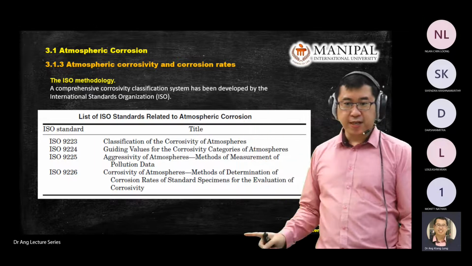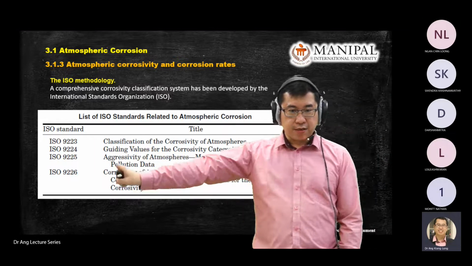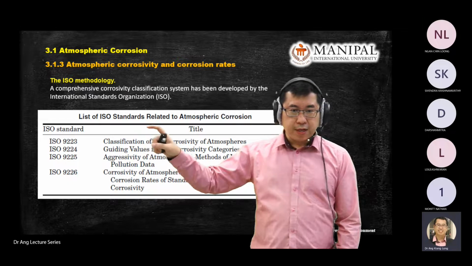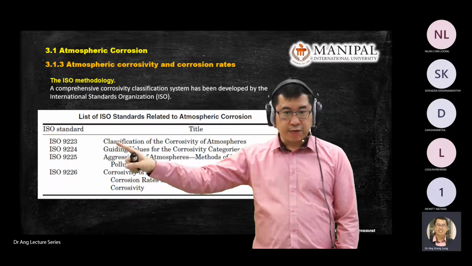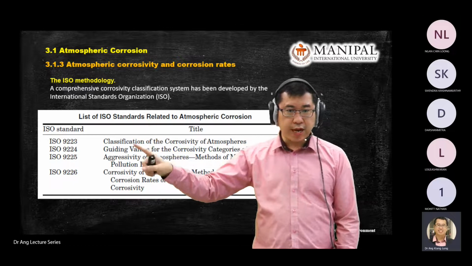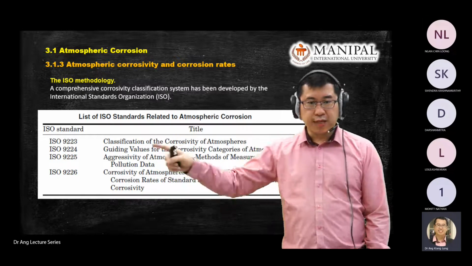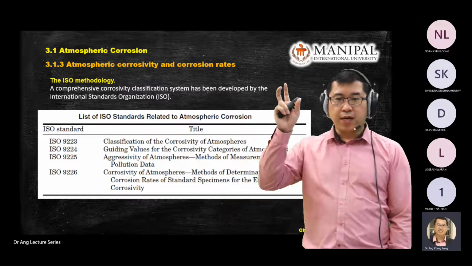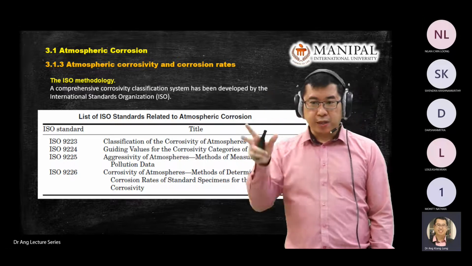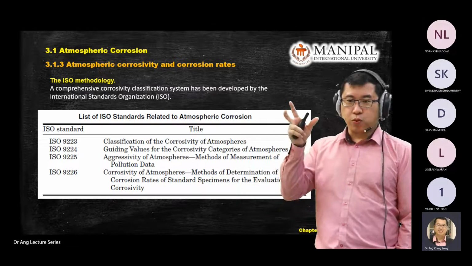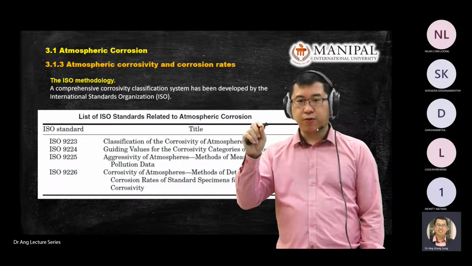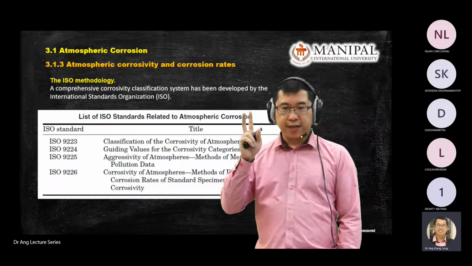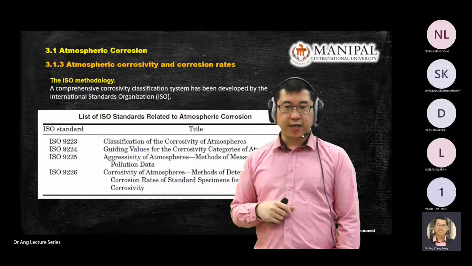This is just a few examples. For example, if you want to talk about classification, then you refer to ISO 9223. Under the ISO standard, they will tell you how to test, how to identify the values, the reference standard values for that atmospheric corrosion.